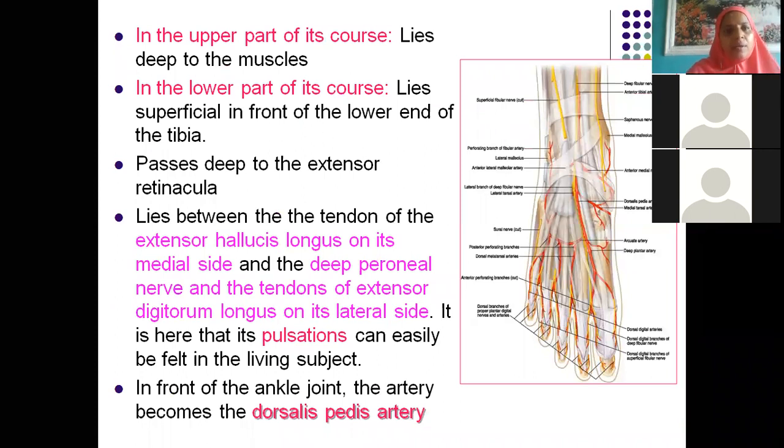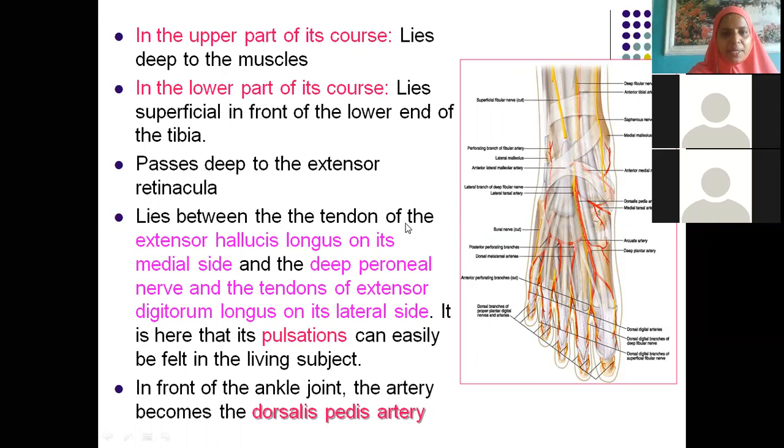So now in the upper part of its course, the anterior tibial artery lies deep to the front muscles. That is the tibialis anterior, extensor hallucis and digitorum longus. In the lower part, it lies superficial in front of the lower end of the tibia. Because I told you, it becomes more just below the skin to continue as which artery? Dorsalis pedis artery. It passes deep to the extensor retinacula. This is superior extensor retinaculum. This is inferior extensor retinaculum.